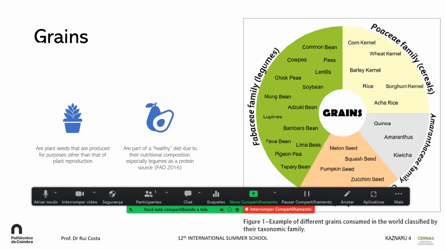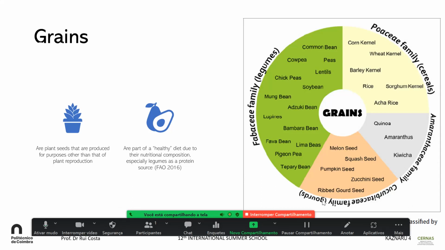There are these four groups of grains. A bigger group that are the legumes, the Fabaceae family. Then another smaller family that are the cereals, the Poaceae. Then the Amaranthaceae and the Cucurbitaceae family.